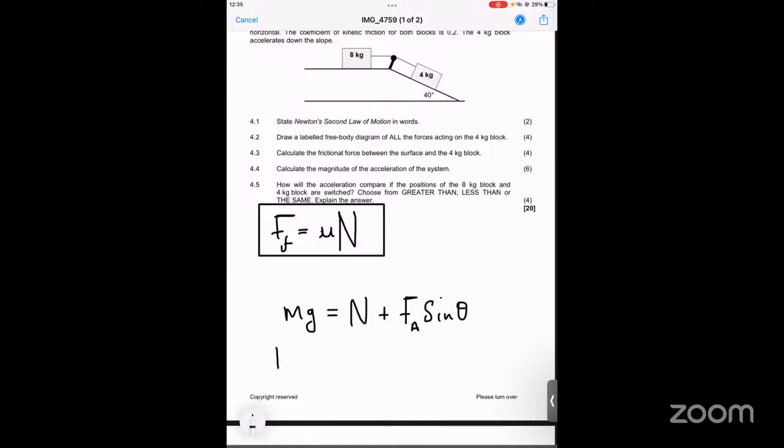Then you make your normal force the subject of the formula. That means your normal force will be equal to mg minus F applied sine of an angle. So in that formula, you no longer just substitute Fg, but you substitute Fg minus that. That's if you'll be calculating your frictional force. That means your frictional force will be equal to mu and the whole of this, because the whole of this is your normal force.